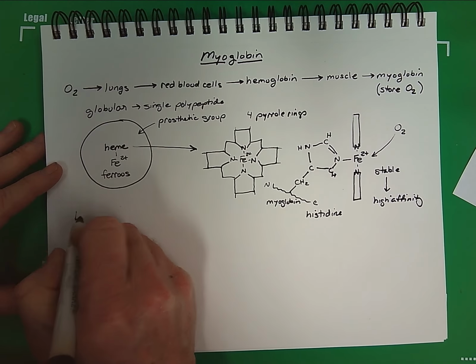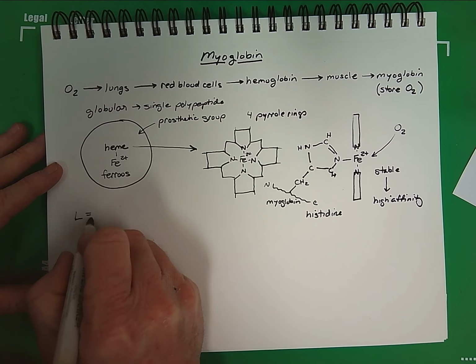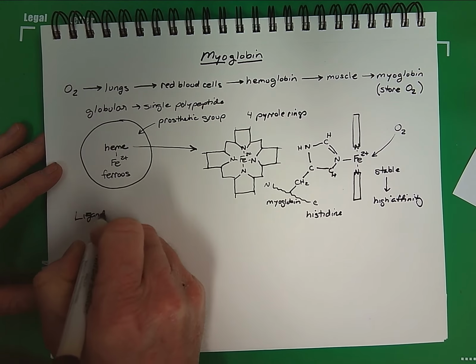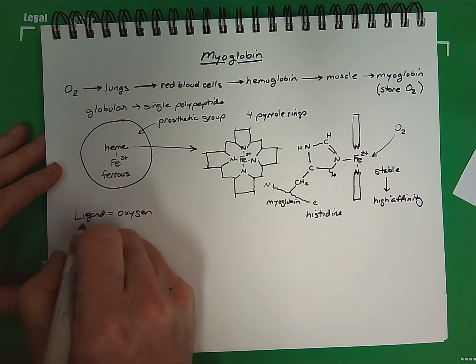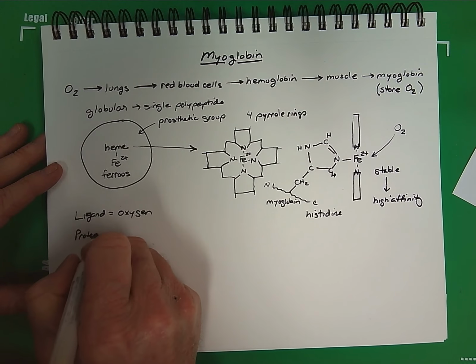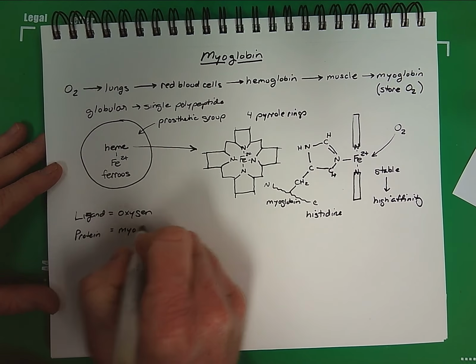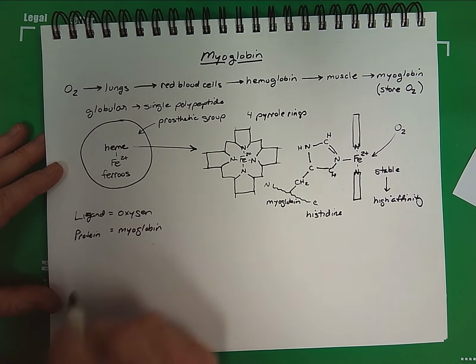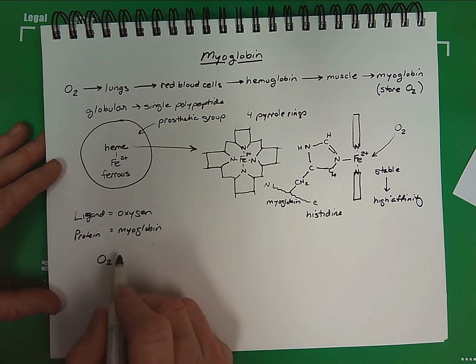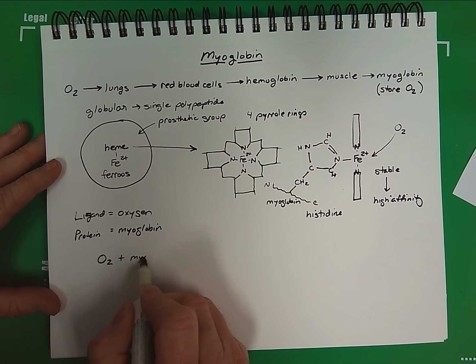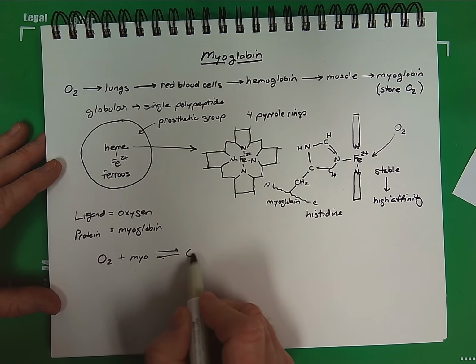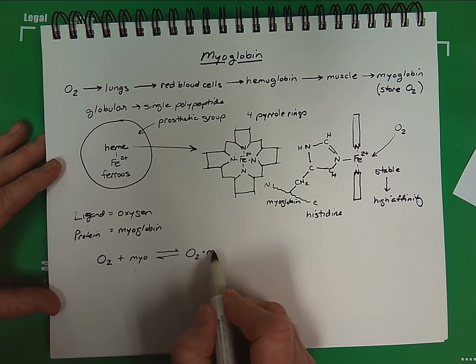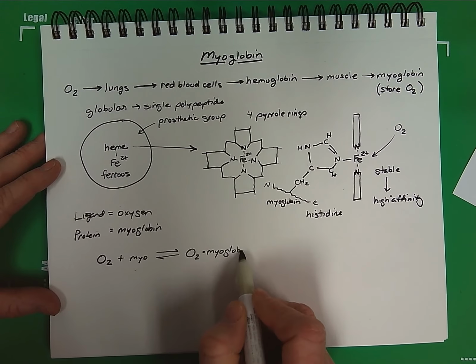So recall our kinetics. If we say our ligand equals, in this case, oxygen, if our protein equals myoglobin, the kinetics of this reaction is going to be oxygen plus myoglobin to form the oxygen myoglobin complex.